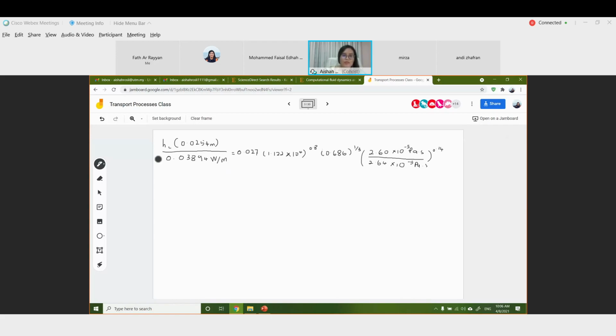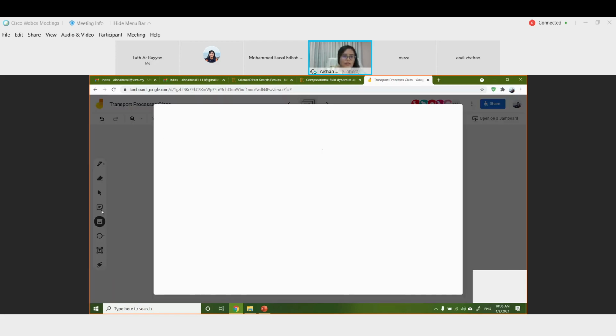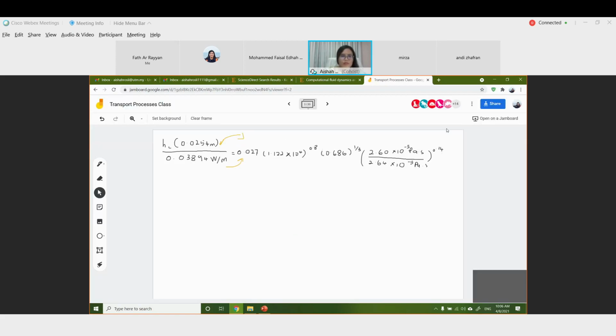If you shift this over onto this side, and this one also onto this side, you can solve for h L. If you take out your calculator and solve this, you will get 3.2.